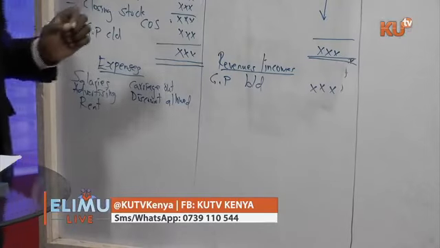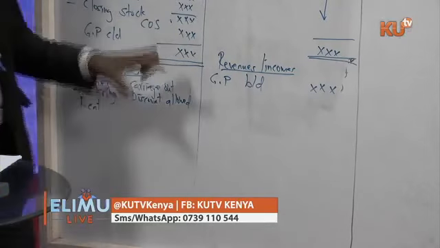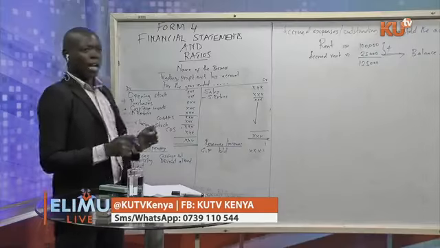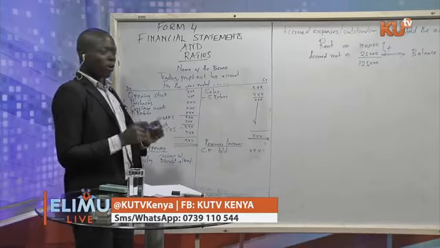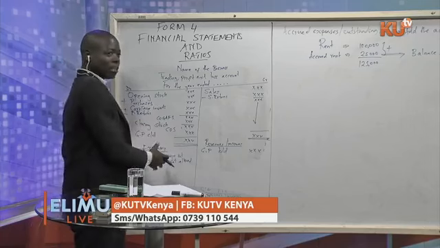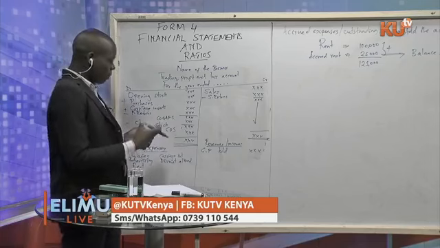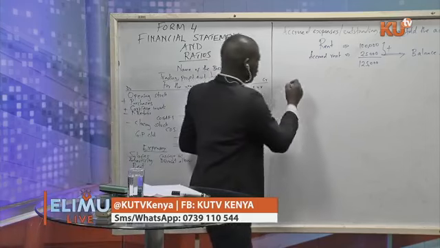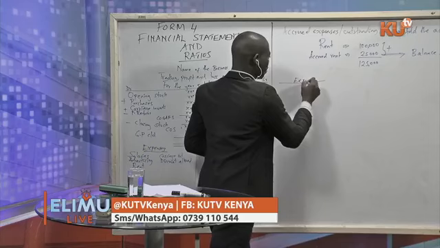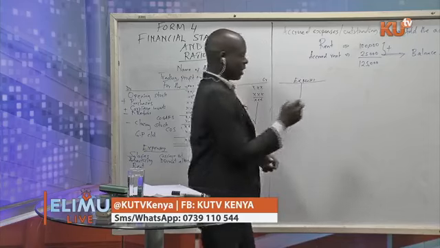What is important is, in most cases, before you analyze the trading and profit and loss account, you will be given a statement we call the trial balance. Now, get to know, which side of the trial balance captures the expenses? From your understanding of ledgers, expenses have debit balances.